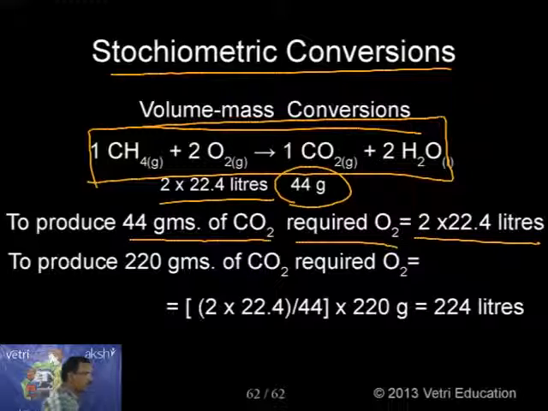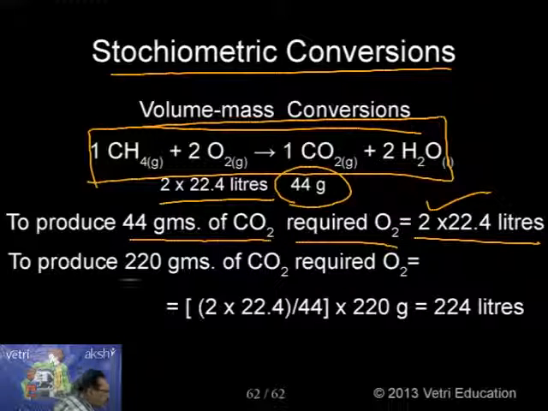That we are getting again from the mole. For oxygen, 2 moles; in terms of volume, 2 into 22.4 liters; in terms of mass, 2 into 32 grams. So anything we can express. In this case, to produce 44 grams of carbon dioxide, required oxygen in liters is 2 into 22.4.